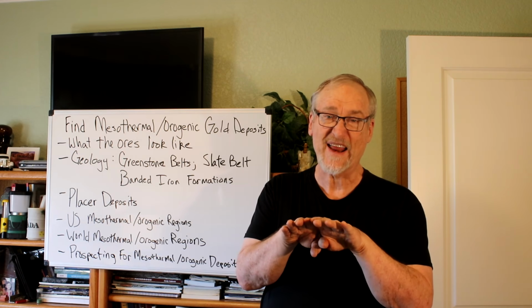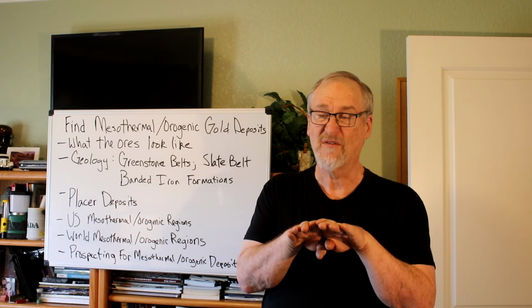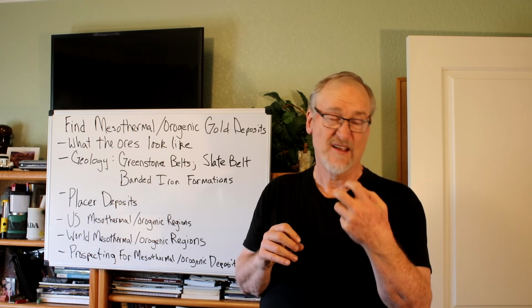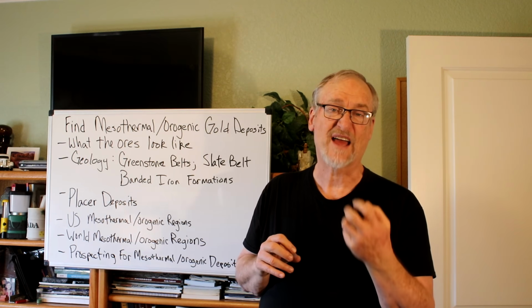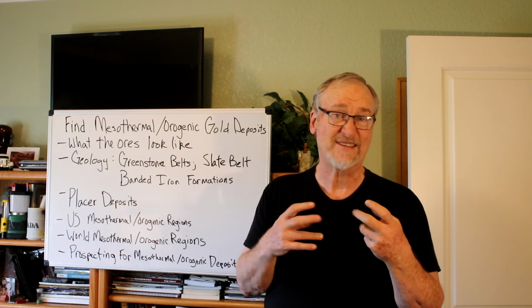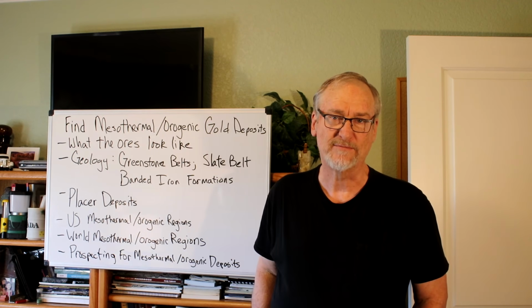Serpentinite is an altered form of rock called peridotite or dunite, which is an ultra basic type of intrusive rock, but it gets altered, and so instead you see the waxy serpentine type of rock.